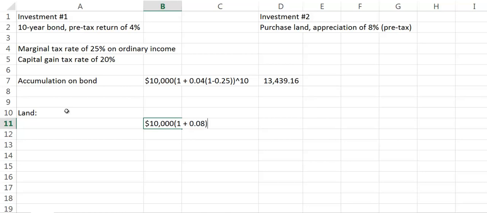So we'll do 10,000 at 8%. And remember, we're going to hold that land for 10 years. This is an annual appreciation, so we're going to raise that to the 10th power. So that's what my formula would look like for the appreciation on the land. Now let me do that math in Excel.